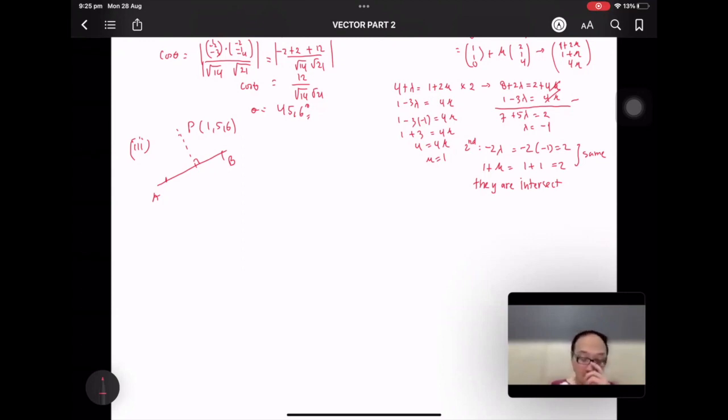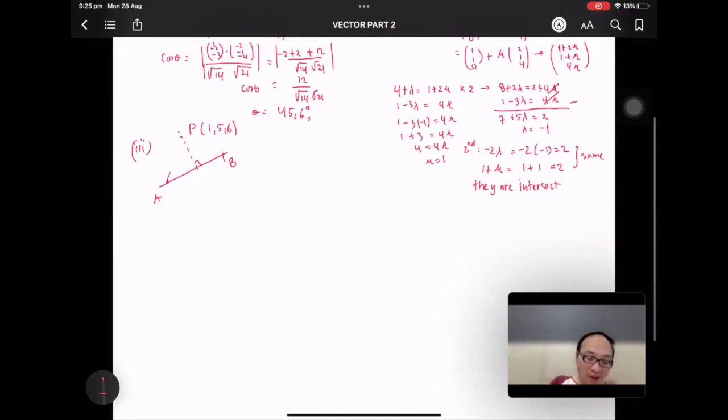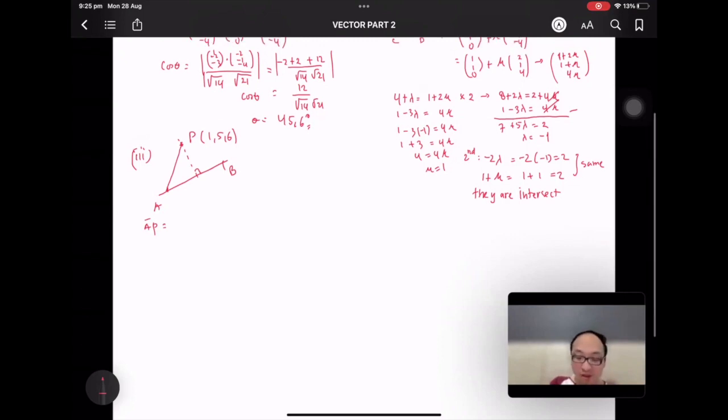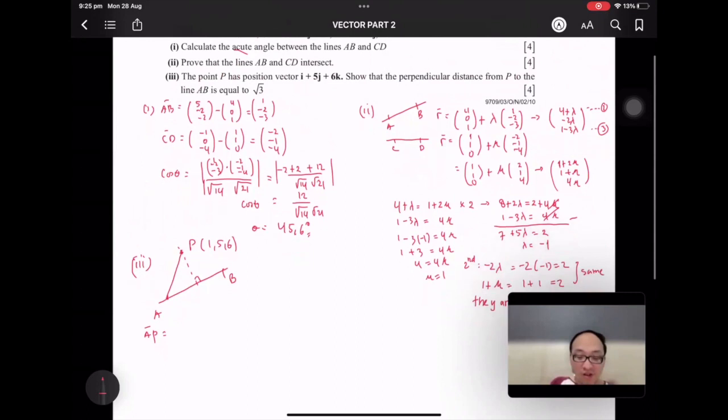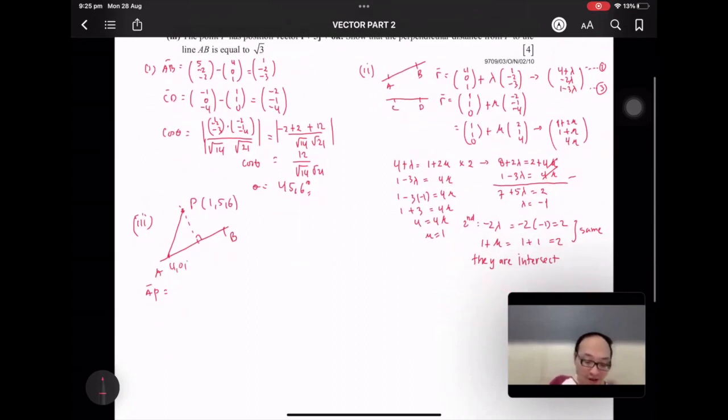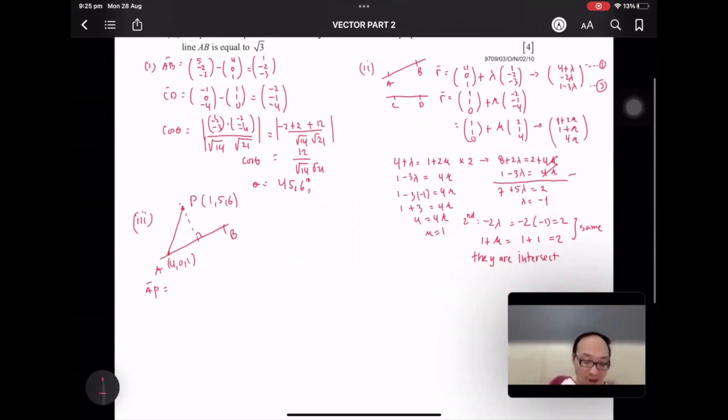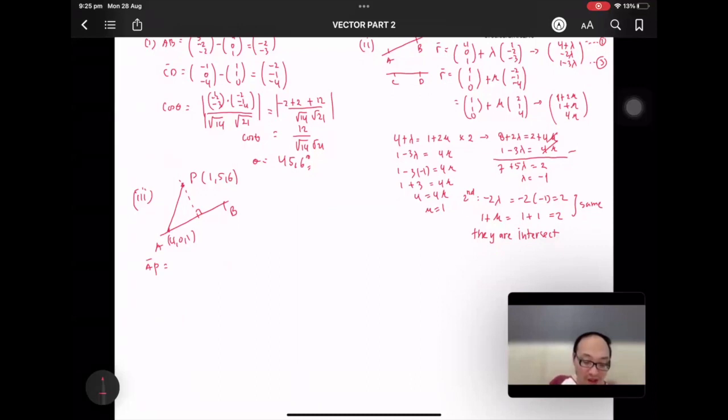So in this case, I have to find vector AP. The coordinate of A is (4, 0, 1), so AP will be P minus A. So 1 minus 4 is -3, 5 minus 0 is 5, 6 minus 1 is 5.